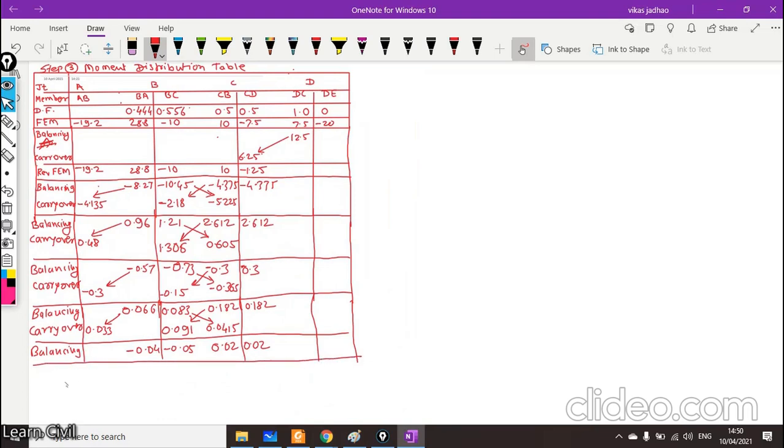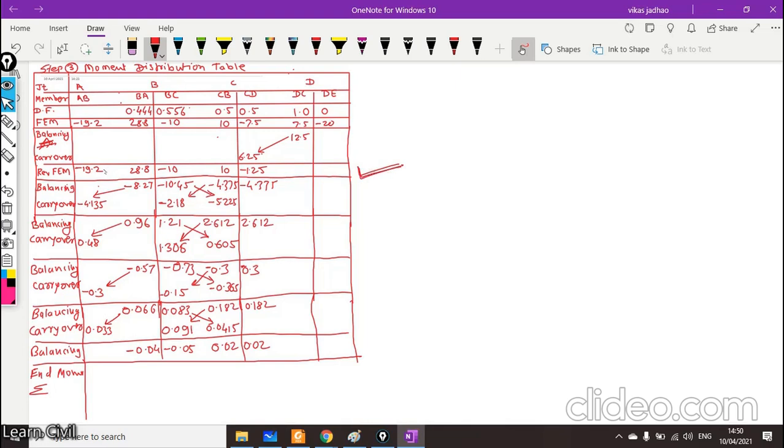Now the final step, to calculate the final end moment. How will we be calculating the final end moment? We will be summing every column from this revised fixed end moment.